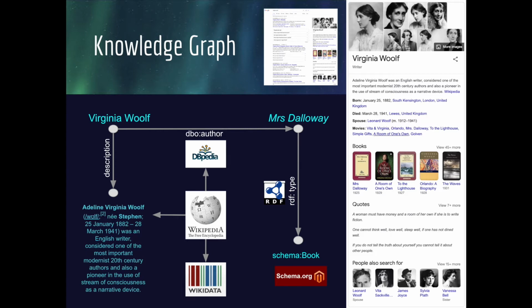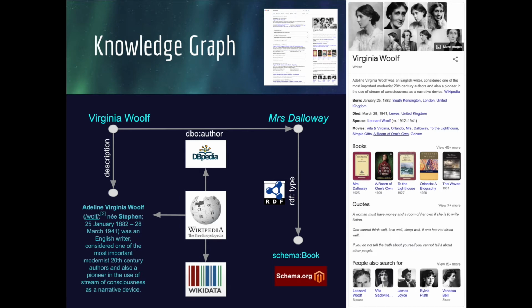So the entities in this diagram are represented by the dots, and the edges or relationships are represented by the lines. And the knowledge graph that we know best is fed into the results that we get sometimes when we search Google, where we get the Google results in the main part of the screen, and then off on the right hand side we get an organized set of information about the entity.